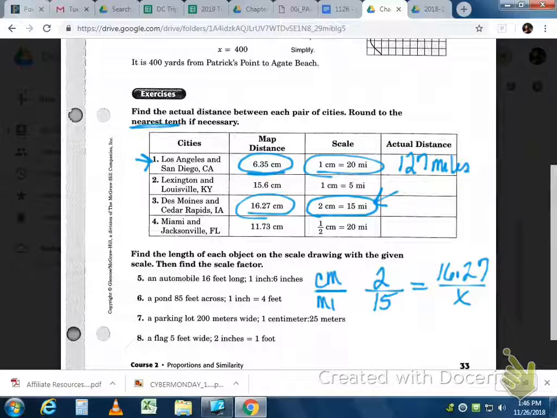Okay, so you put your 2 over 15 and then the 16.27 centimeters on top because that's where we're putting centimeters, and now we're going to cross. So 2 times X equals 15 times 16.27.